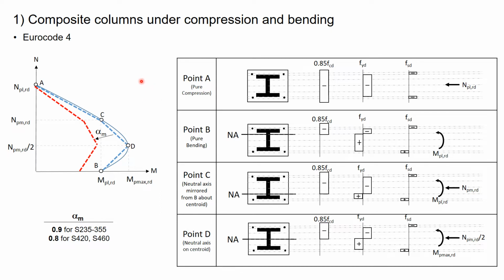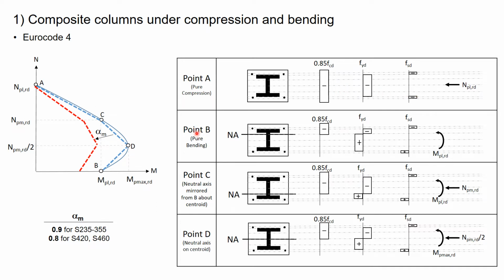But to make it easier, Eurocode allows us to use 4-point interaction diagrams with points being A, B, C, and D, assuming different states on the section, and then finding the moment and axial force pairs, and then connecting these points to have our simplified interaction curve. Point A refers to pure compression, where the concrete, structural steel, and the reinforcement will be under full compression and will all have reached plasticity.